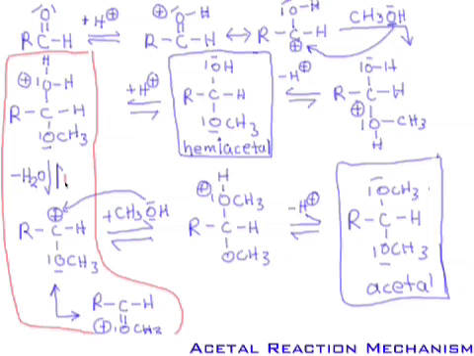Going backwards involves the addition of water. Hence, if there was water present, by Le Chatelier's principle, as you add more and more water, you would shift the equilibrium back to the hemiacetal, which would, in the presence of acid, drive it right back to the aldehyde. The absence of water helps drive this equilibrium right through to the acetal.